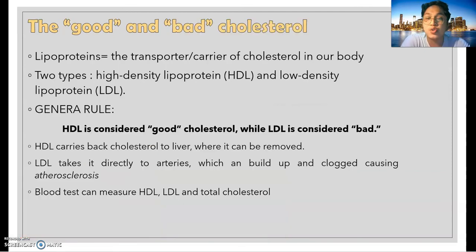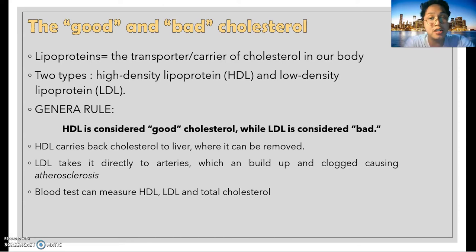So there are good and bad cholesterols, as I said. What exactly are they? They are your lipoproteins, a lipid plus protein molecule. This lipoprotein, a combination of lipid and protein, is a transporter or carrier of cholesterol in our body.